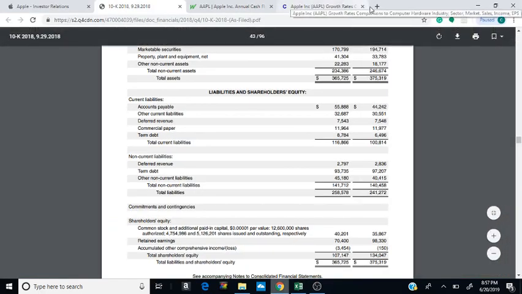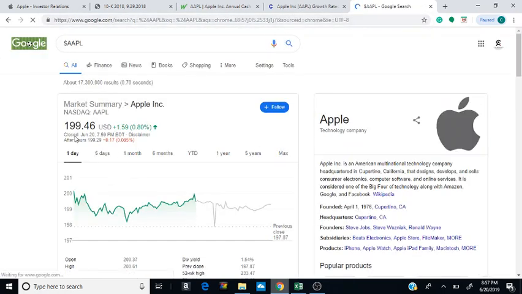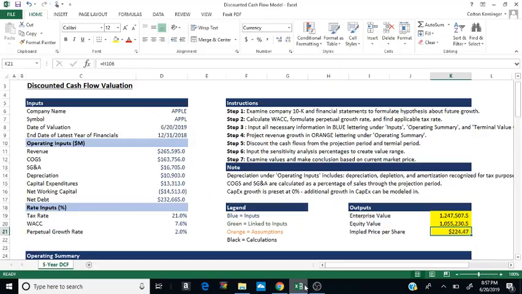If we do a quick Google search for Apple, Apple's currently trading at $199.46, so just south of $200 a share. Based on this model, we think that Apple could be worth around $224 a share.